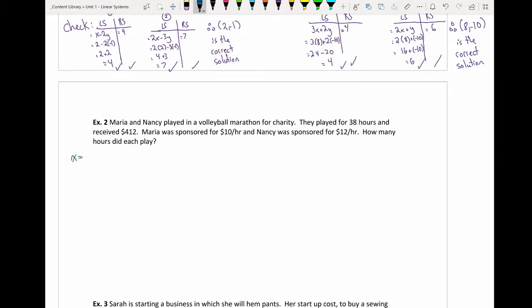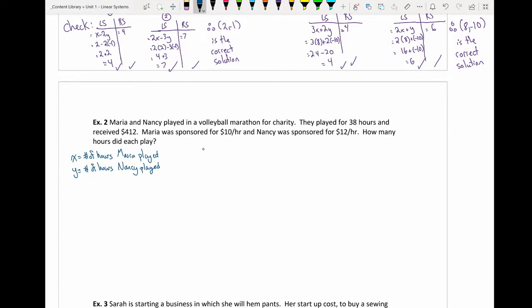So let's say let x equals number of hours Maria played, and y equals number of hours Nancy played. You can choose whatever variables you want as long as you identify what they represent.